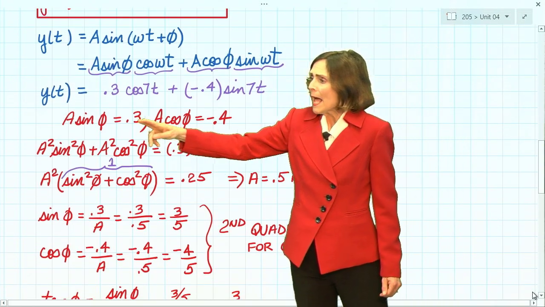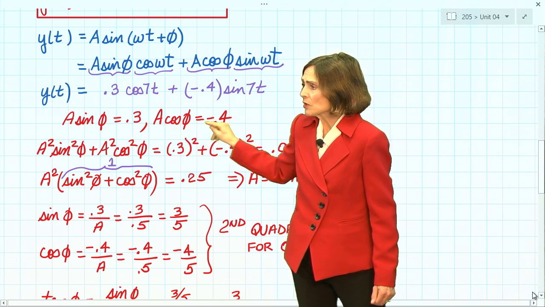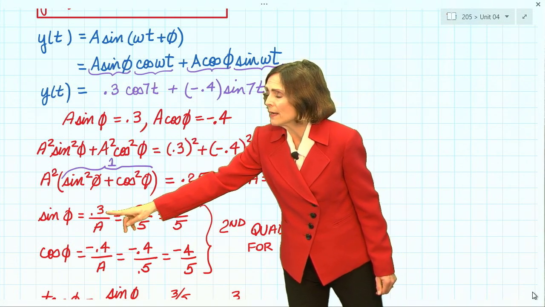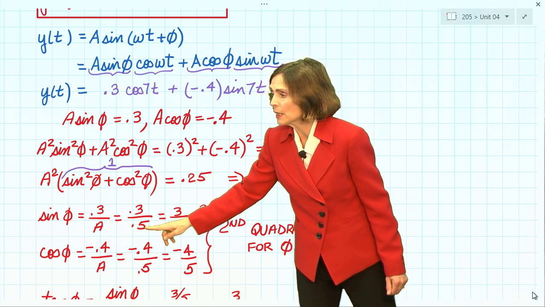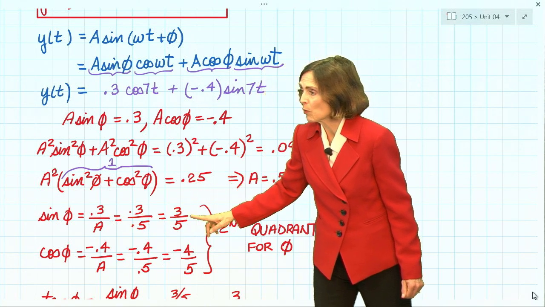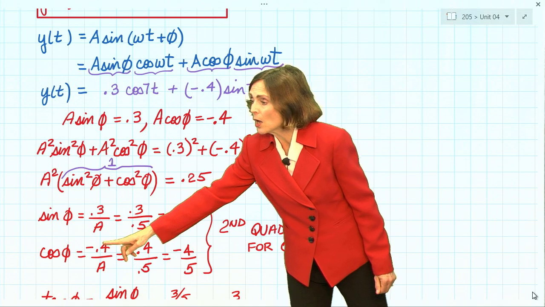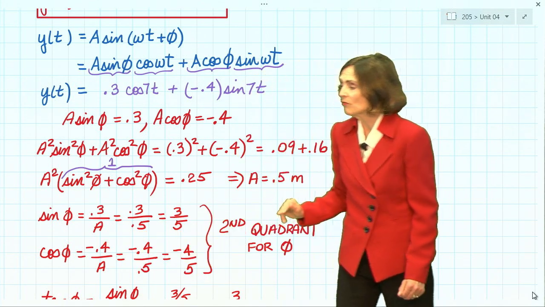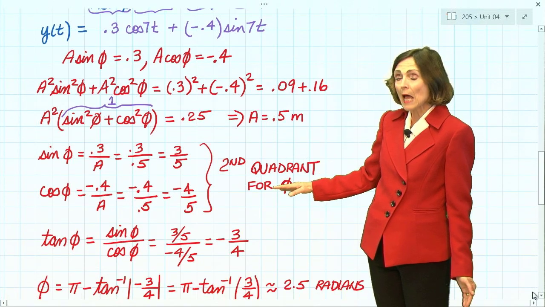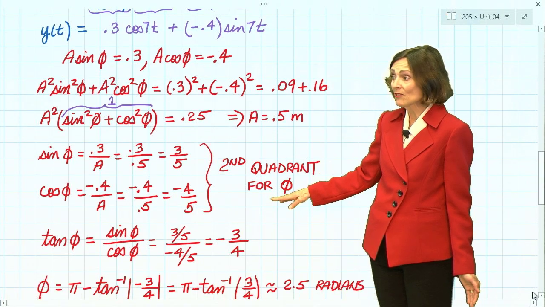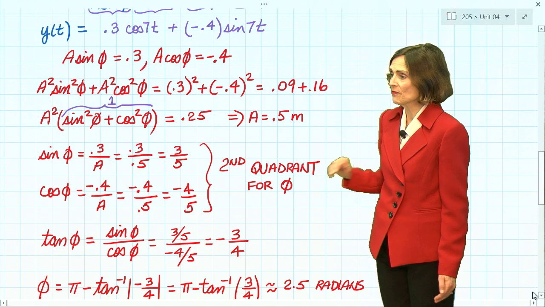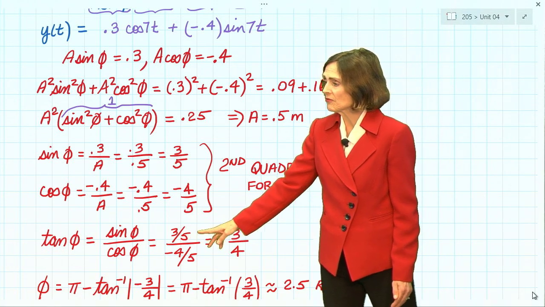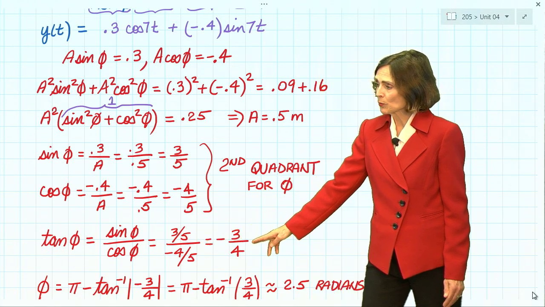Now, A sine phi is 0.3, A cosine phi is minus 0.4, so sine phi is 0.3 over A, or 0.3 over 0.5, 3 over 5. Cosine phi is minus 0.4 over A, which gives us minus 4 over 5. So sine is positive, cosine is negative. We're in the second quadrant for phi. So tangent of phi is minus 3 over 4.